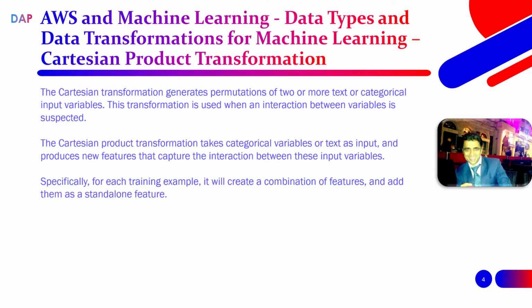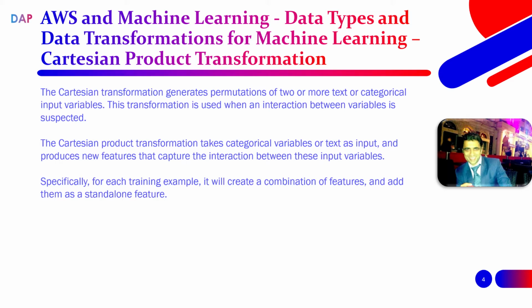Understand it. The Cartesian transformation generates permutations of two or more text or categorical input variables. This transformation is used when an interaction between variables is suspected.